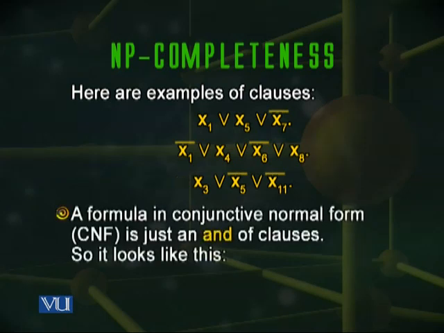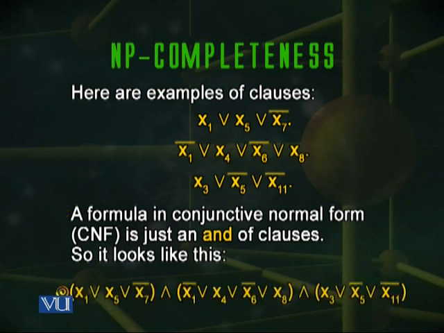Now, a formula in conjunctive normal form, which we will call CNF, CNF stands for conjunctive normal form, is just an AND of a lot of clauses. So, a formula in conjunctive normal form will look like the following formula. x1 or x5 or x7 bar, and x1 bar or x4 or x6 bar or x8, and x3 bar or x5 bar or x11 bar.